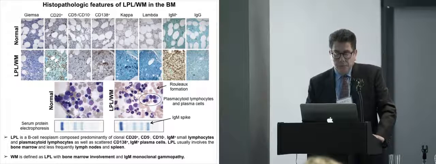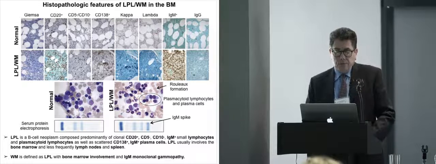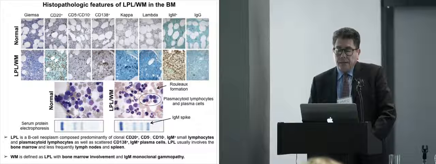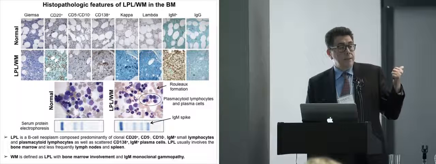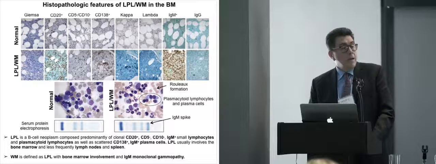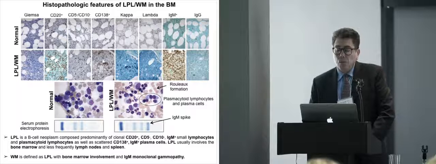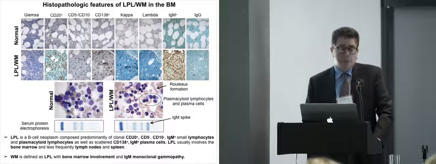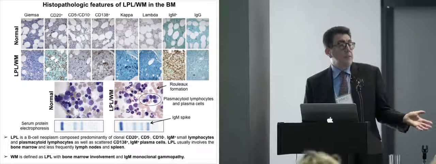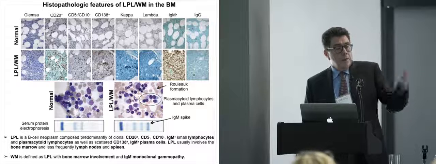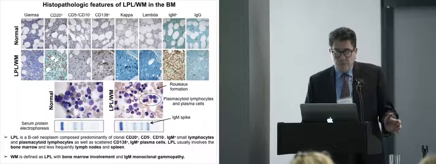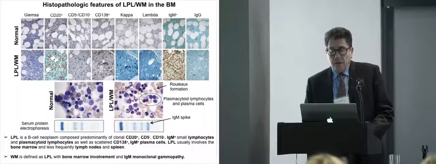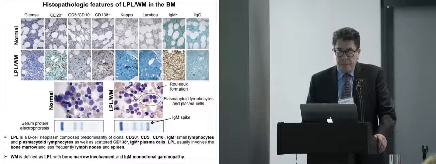And the plasma cells are less frequent than the lymphocytes and are characterized by being CD138 positive and IgM positive. And this is a particular case of a patient with Waldenstrom that has a high degree of involvement, in which you have about 50% involvement with lymphocytes and plasmacytoid cells and about 10% of plasma cells.